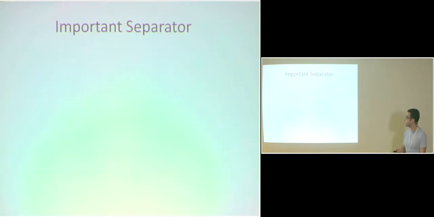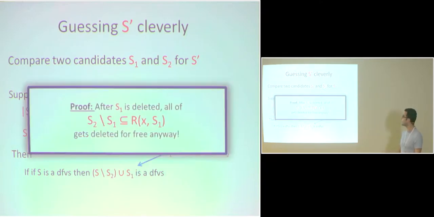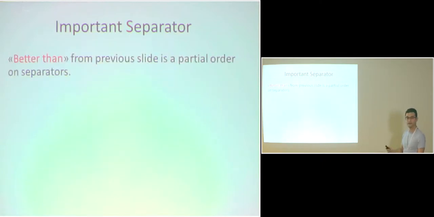So whenever we have two separators from little x to the rest of x, with the property that one is at most the size of the other, and it's pushed further away from your source, then the one that is pushed further is better. Now, notice that better is actually a partial order on minimal separators.